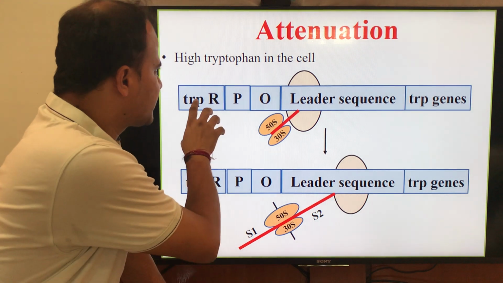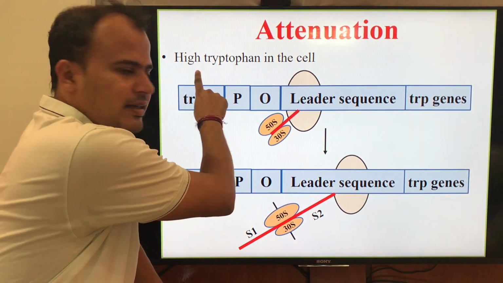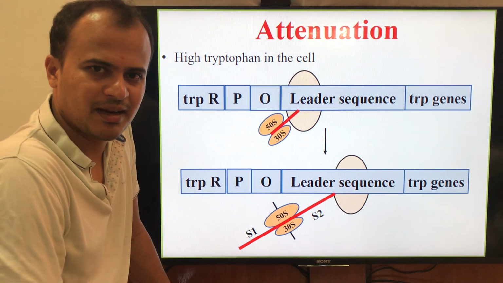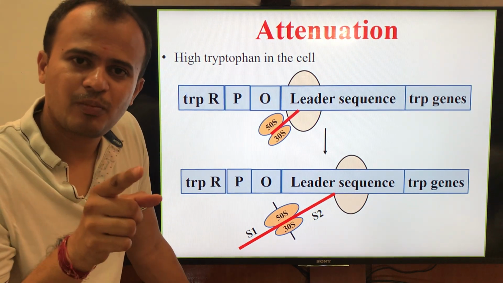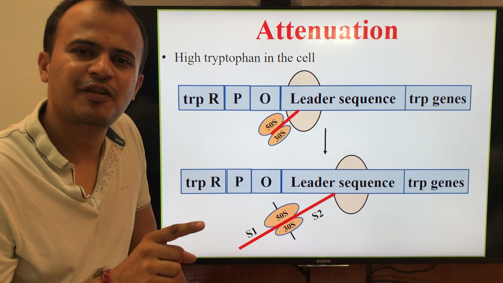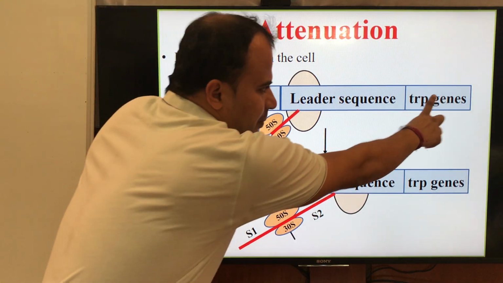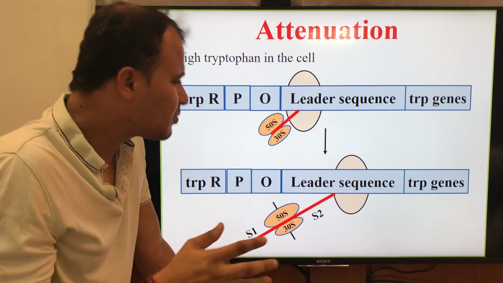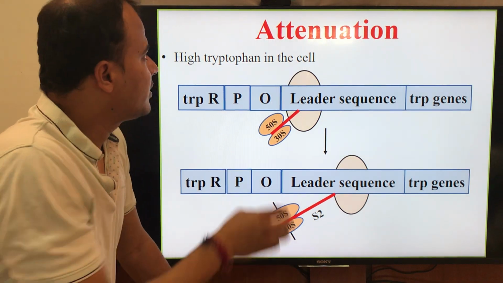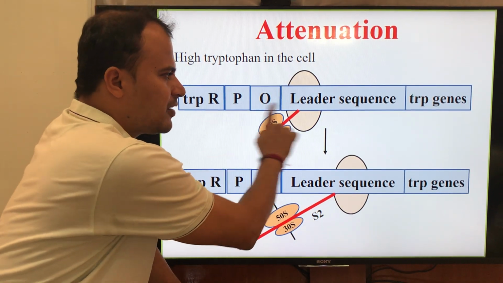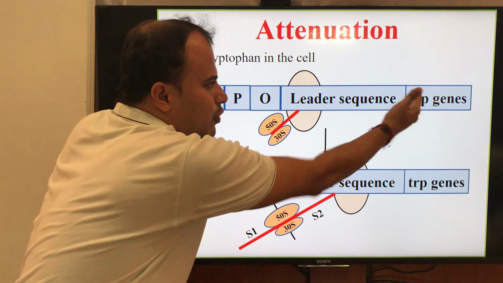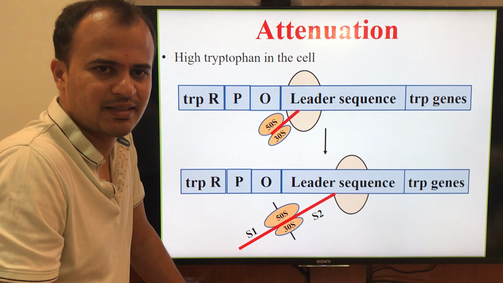Let's consider there is a high amount of tryptophan in the cell. As you know, when there is a high amount of tryptophan in the cell, the TRP ABCDE genes should not be transcribed. So somehow the movement of the RNA polymerase should be halted before it reaches the TRP ABCDE genes.